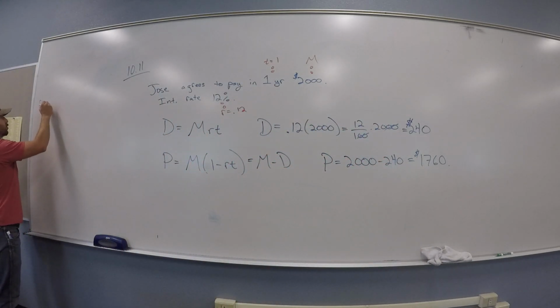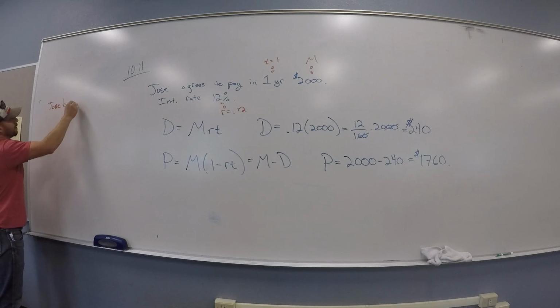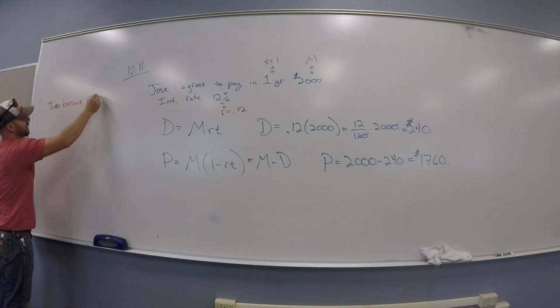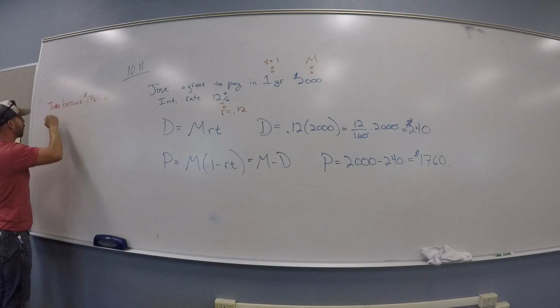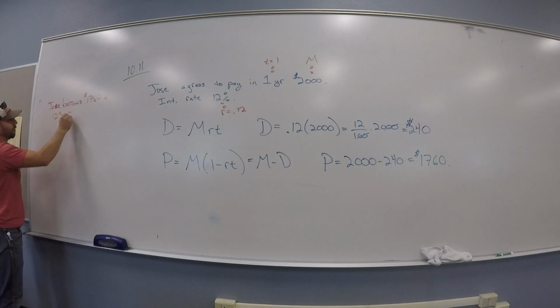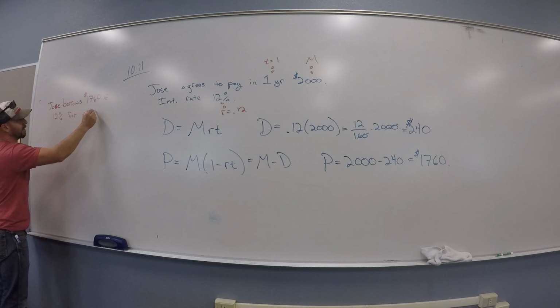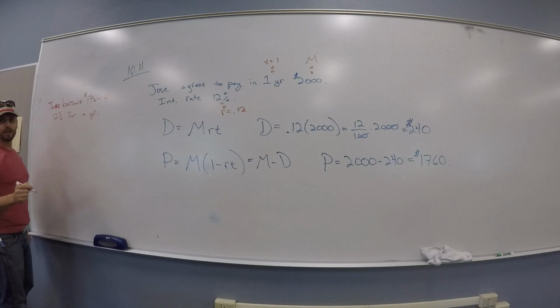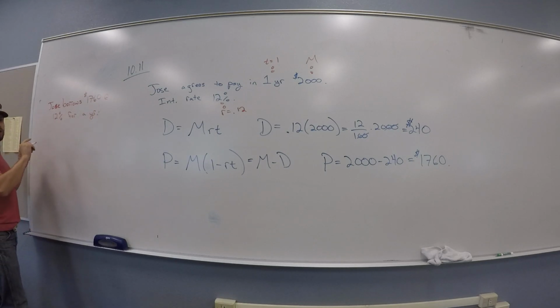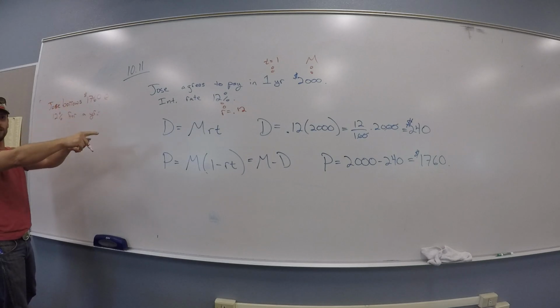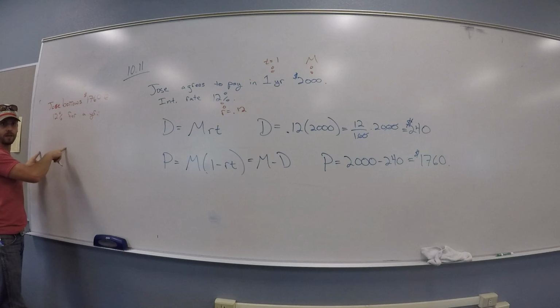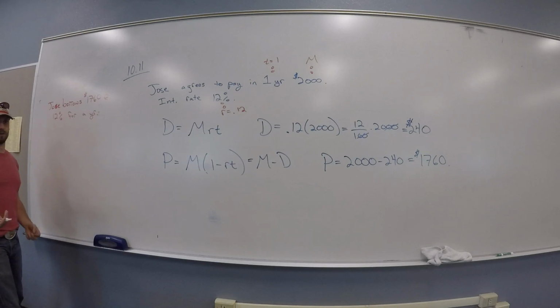Alternatively, we ask this separate question because we're a little confused: Jose borrows 1760 at 12% for a year. That's kind of what he's doing. This is a little different in that on the discount one he's paying the interest up front, and on this one he's going to pay the interest at the end. Let's check and see how similar they are.